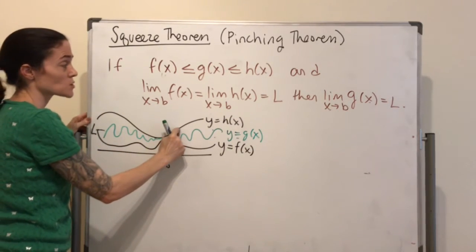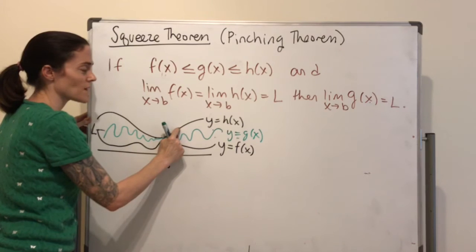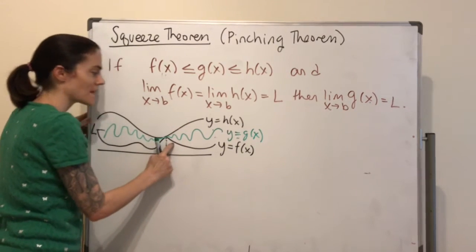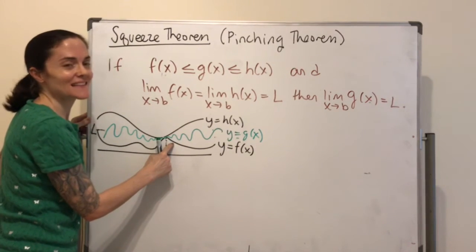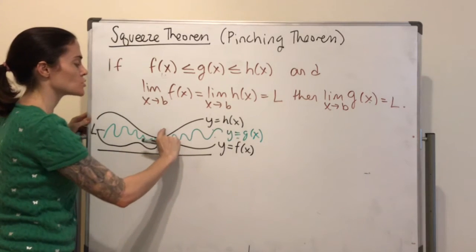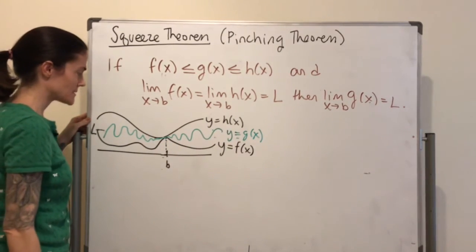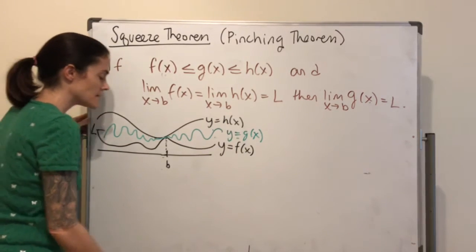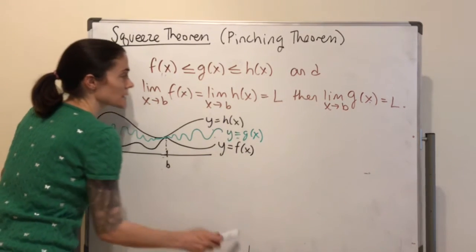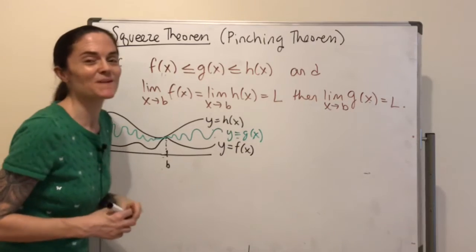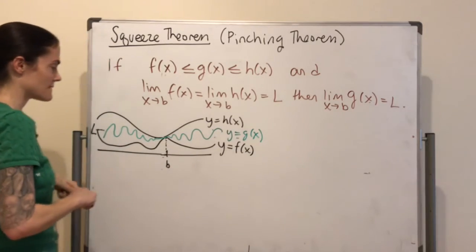Because the one that's greater than or equal to this function has that limit, and one that is less than or equal to this function has that limit, and there's no other choice for the limit of g of x. Okay, now let's do an example of this, and then we will discuss limits at infinity.